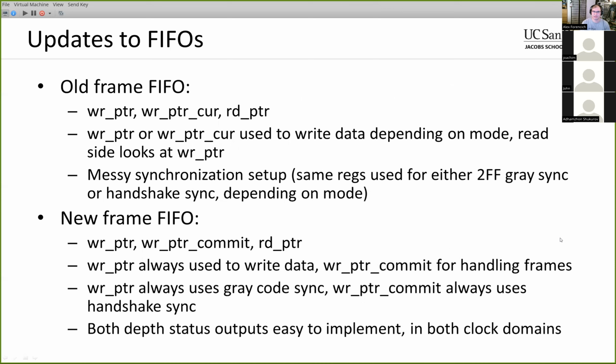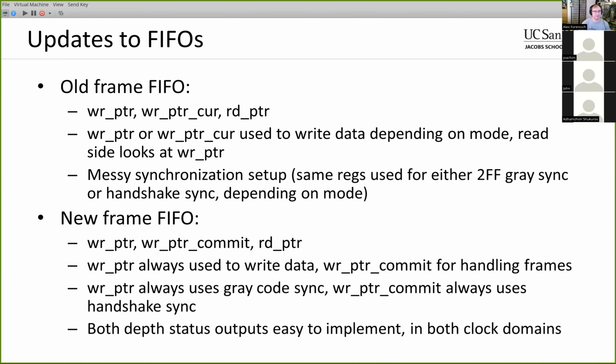All right, so just taking a look at the changes that I made to both the synchronous and the asynchronous FIFO, in terms of running in frame mode, we use three different pointers. The old setup uses the write pointer, the current write pointer, and the read pointer.